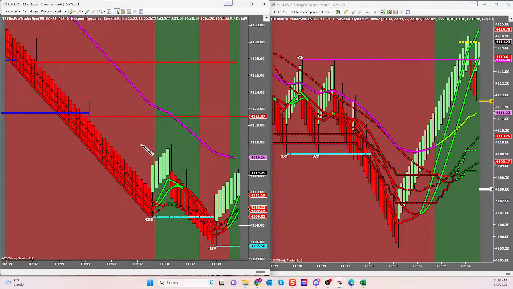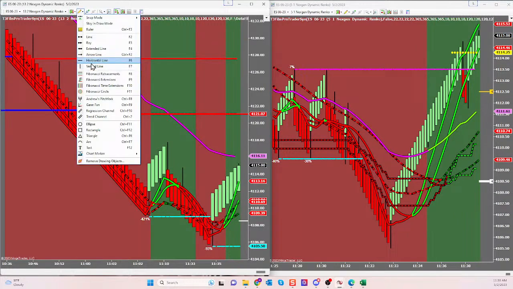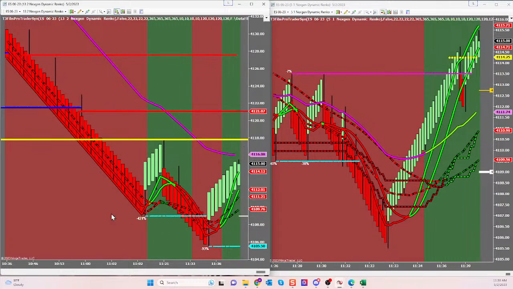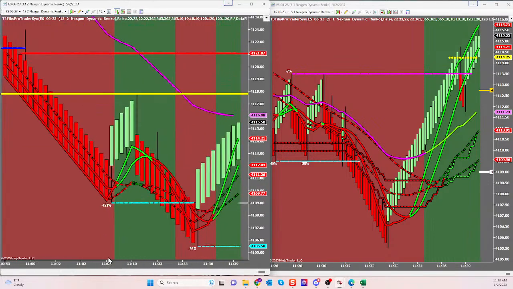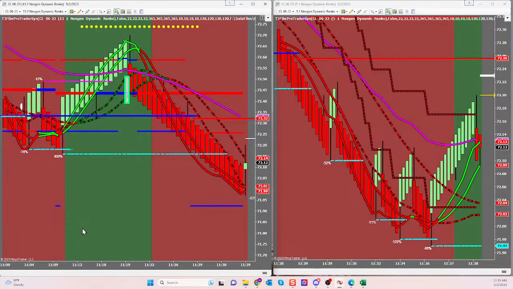Yeah, that happens. Let's see if this pivot stop out takes out this previous pivot, just for grins. See if patterns repeat themselves. Hey, Paul, I got your pivot.